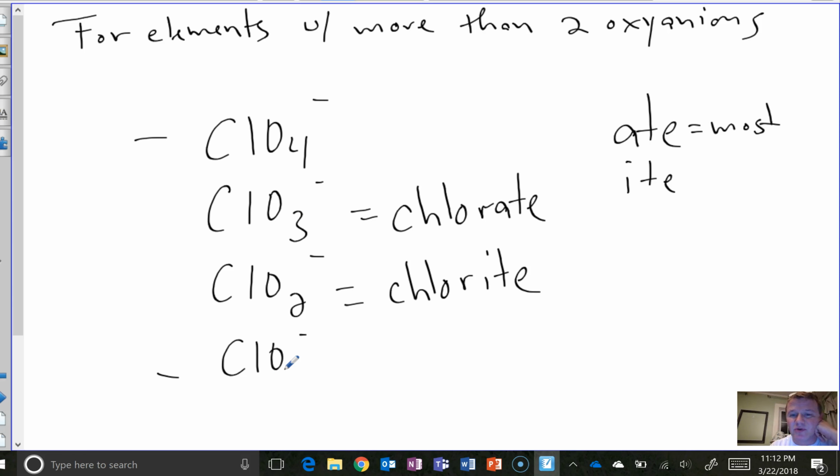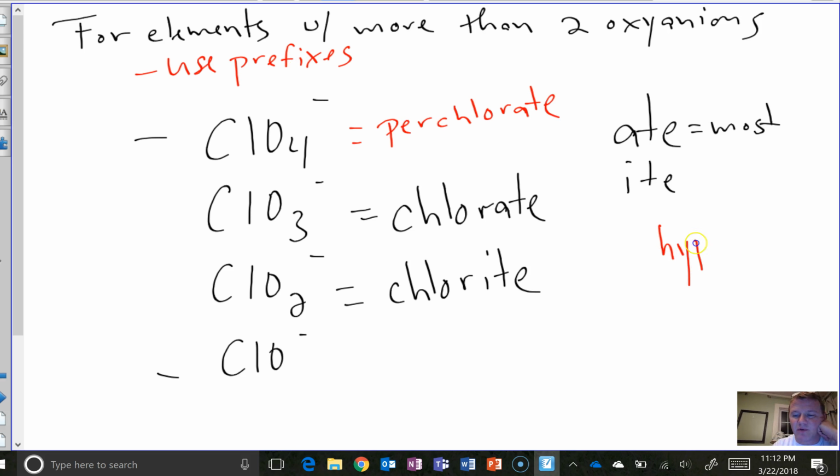So what we have to do here is use prefixes. So ClO4, instead of just chlorate, we add 3 letters: perchlorate. Now what that is, the per, think of the word hyper.